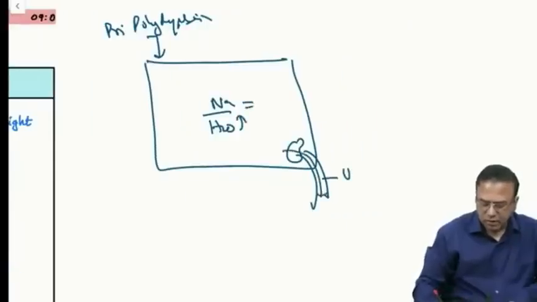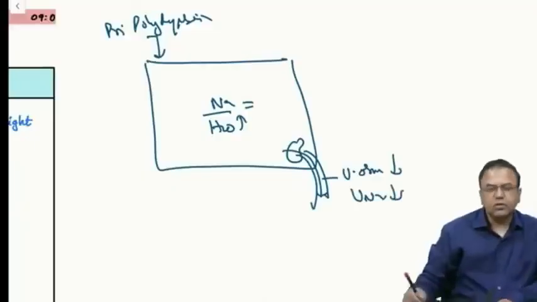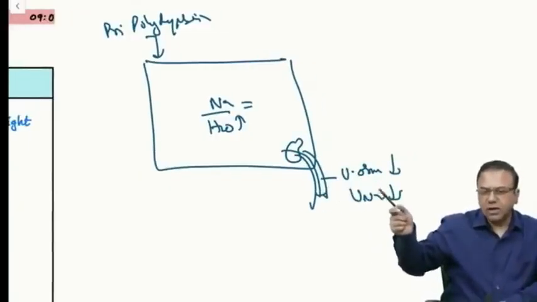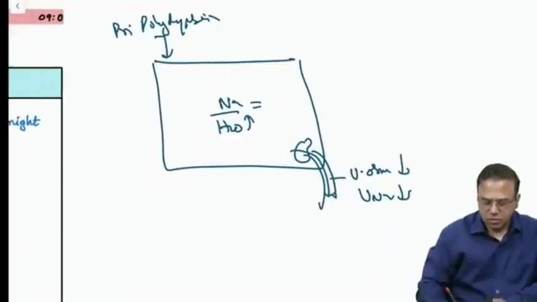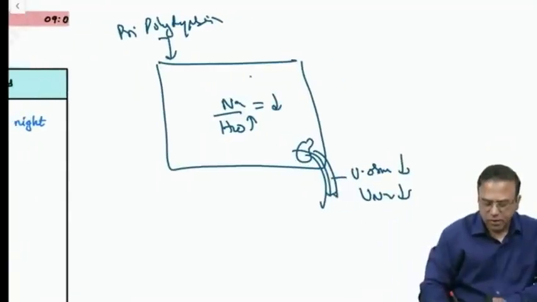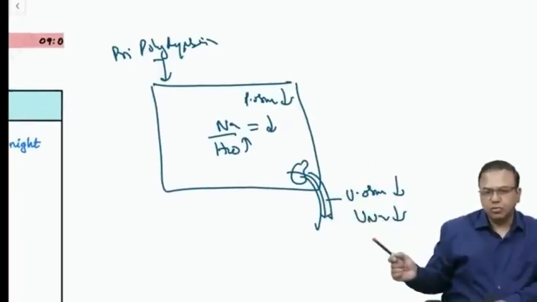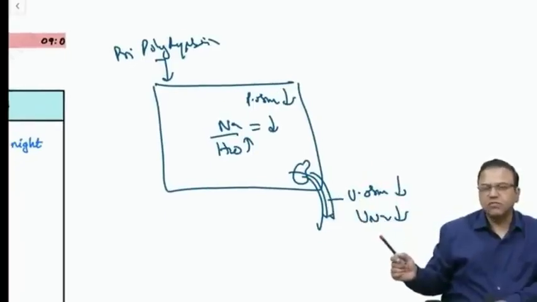So urine osmolality will be low, urine sodium will be low, sodium in the blood is low, and because of that plasma osmolality is low. Everything is low.